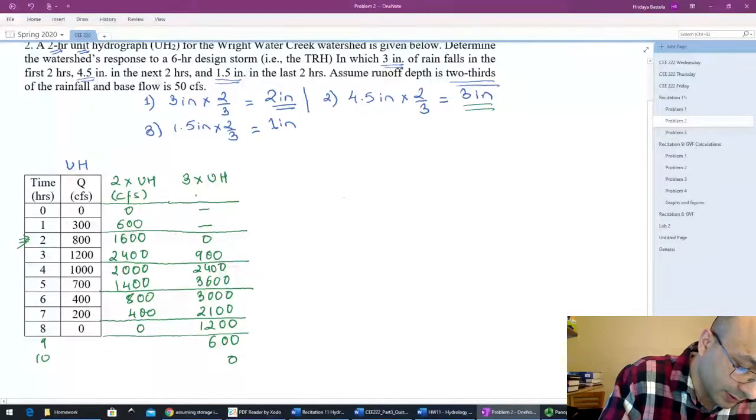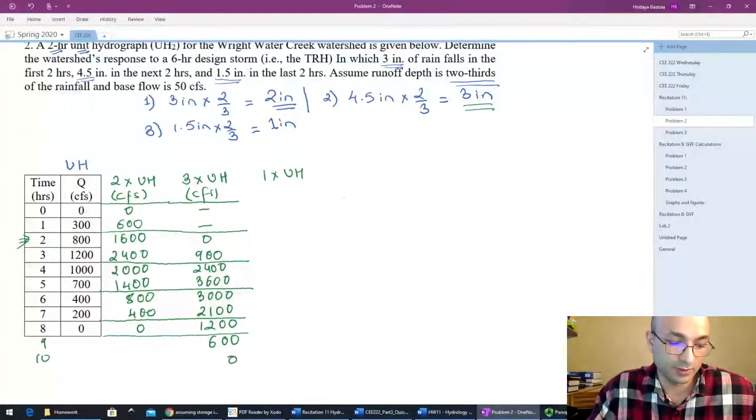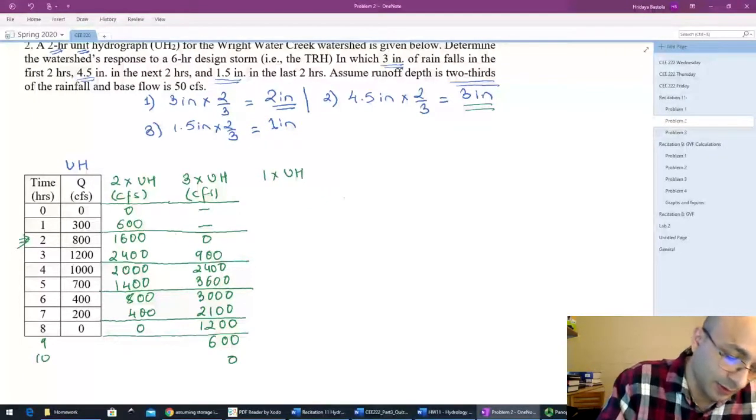Now the contribution from the last 2 hours of that storm. So this one has the same units, CFS, 1 times the unit hydrograph. The contribution from the last 2 hours of the storm is not going to be seen until after the end of 4 hours.